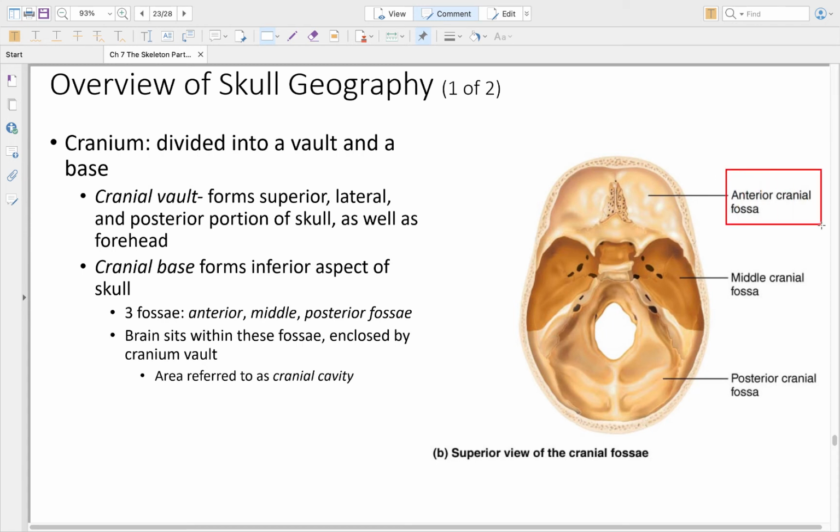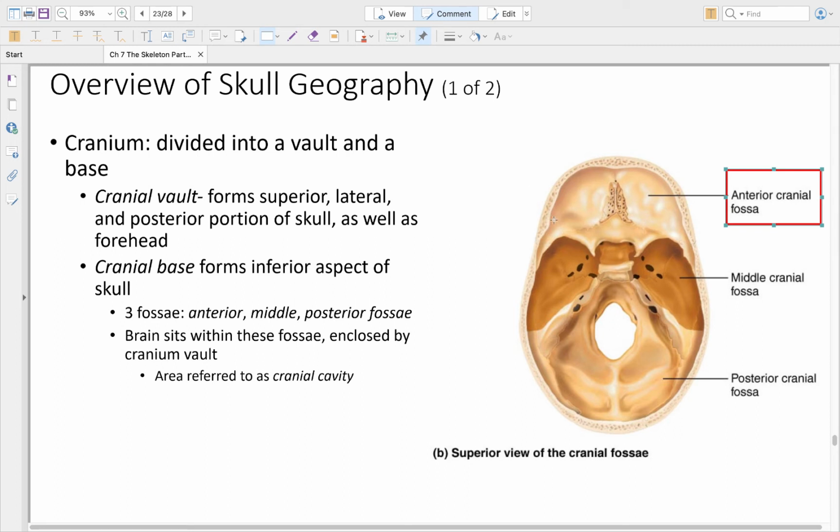This one is the anterior cranial fossa. So this is the front. And this is where the brain is going to sit and attach, and it's placed very strategically into these different areas of the skull. Okay, so it's kind of like a vault or base, and the brain sits in there.